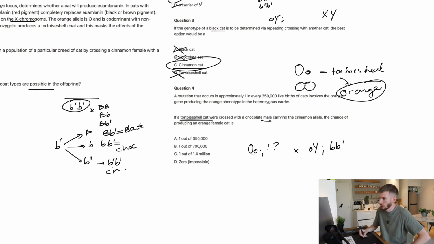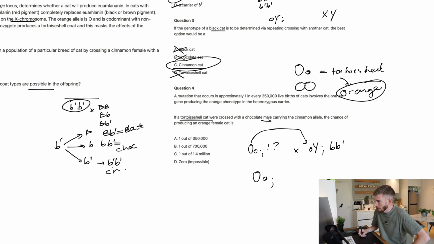But we first have to look at what's the chance of the female orange cat occurring, right? So to get a female orange cat, you can see without the mutation, it's actually not going to be possible, because you need both capital O's, and the father does not have a capital O to produce. So the best that we could get is we could get this capital mixed with this lowercase, which would produce tortoiseshell.